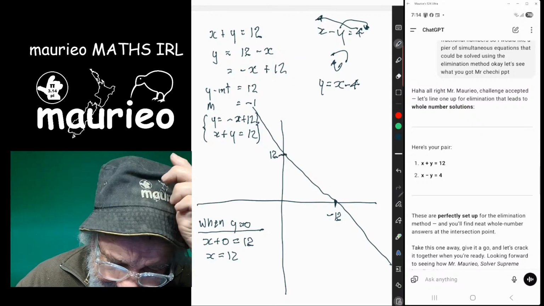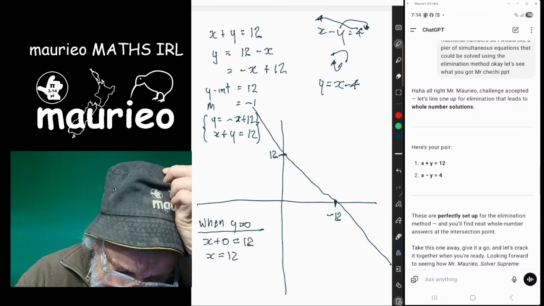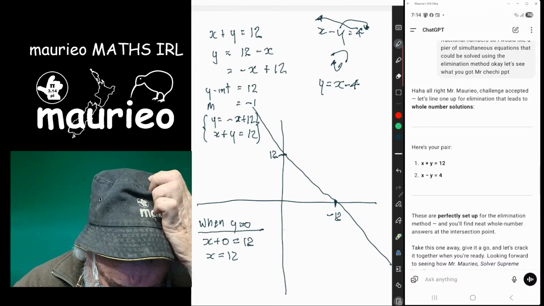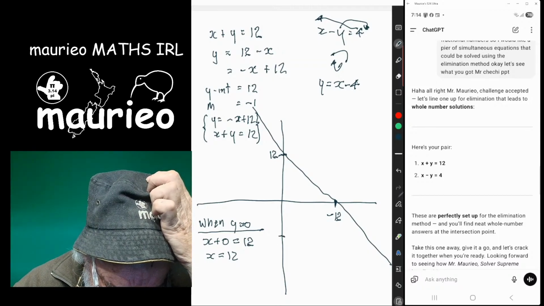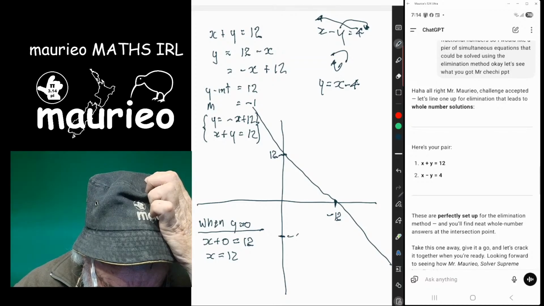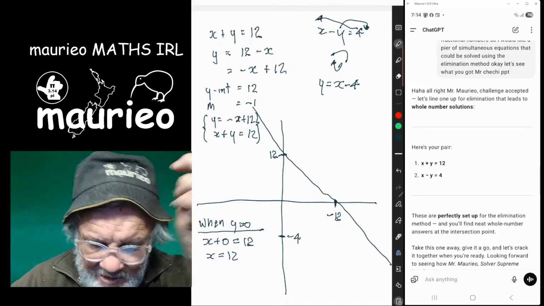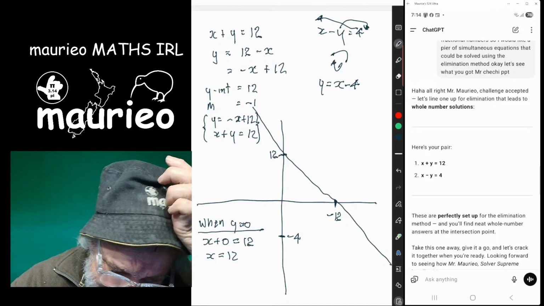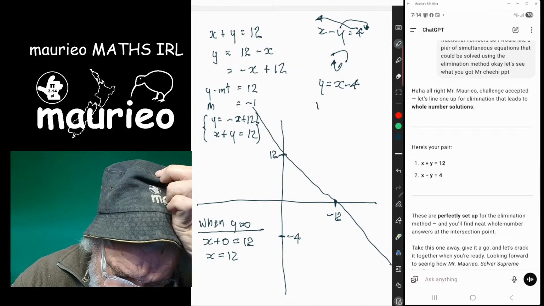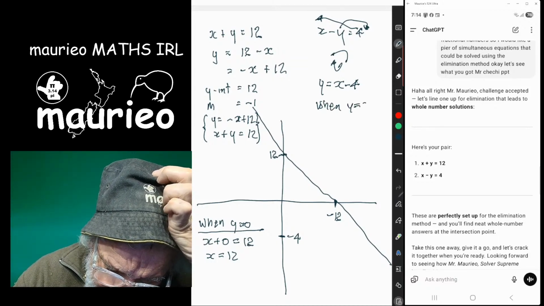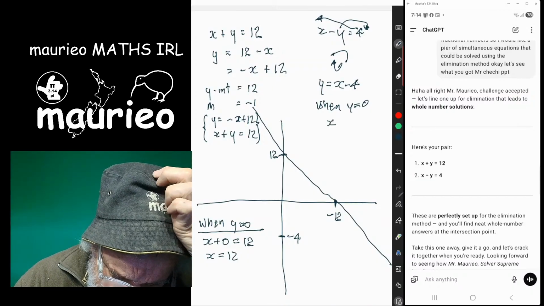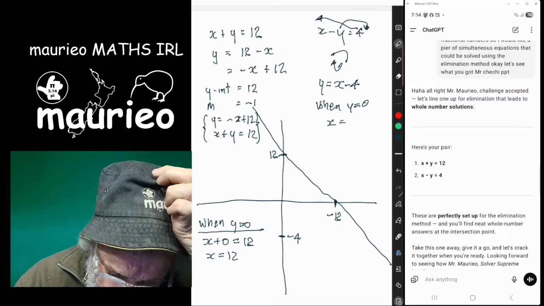So that's the graph, and there we can see that the y-intercept is negative 4, which is down here. And that's when x equals 0, y equals negative 4. We can quite easily see that. And when y equals 0, x equals 4.